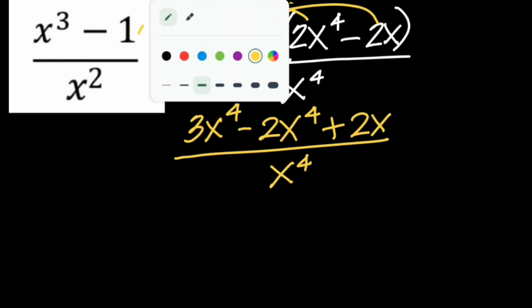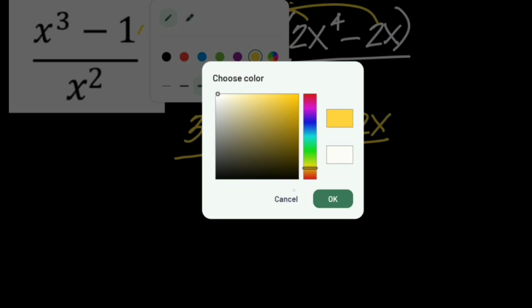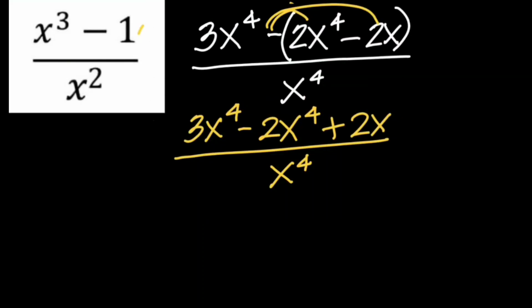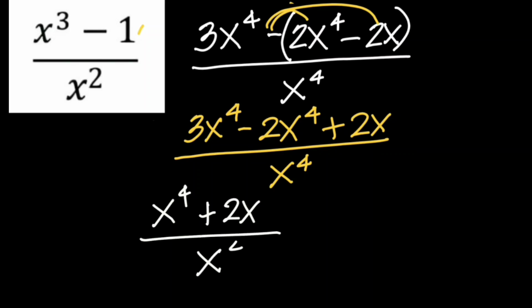Then we group like terms. So 3x to the 4th and negative 2x to the 4th are alike, so we can just subtract their coefficients, which are 3 and 2. So 3 minus 2 is 1. So that is just x to the 4th plus 2x over x to the 4th.